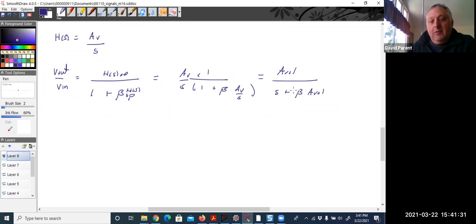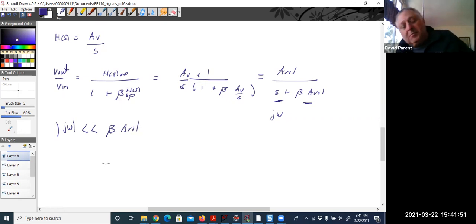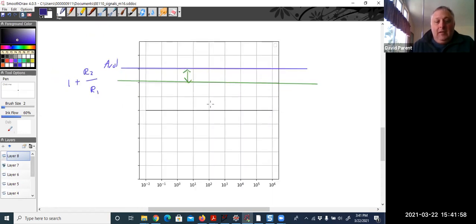Okay, and now what we need to happen, right? This has to be bigger than this, but this is what? J omega. So the magnitude of J omega has to be less than beta times the open loop gain. Before, it didn't matter what the frequency was, you just had to be less than that.